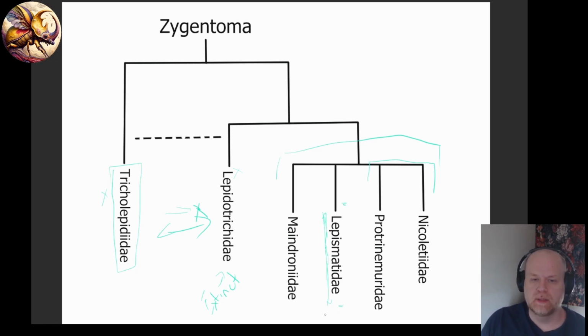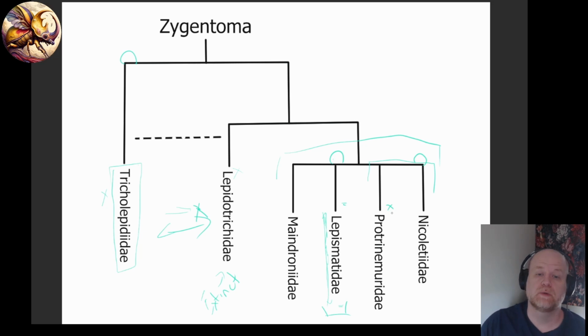Generally speaking, if you're dealing with silverfish or Zygentoma and you're finding them, that's probably the Lepismatids, the silverfish and the firebrats. And if you're in North America, pretty much everything that you're going to be finding are the Lepismatids and the Nicoletids. And then whatever this is is also North America. But these other ones, the Maindroniids and the Protrinemorids, are a little strange.